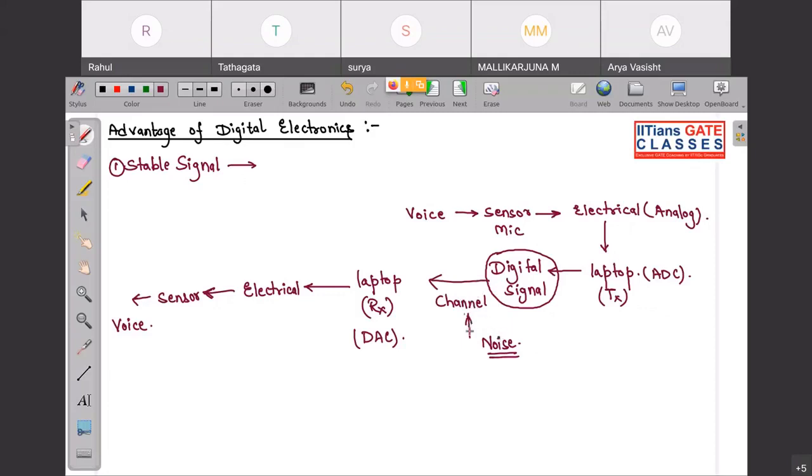So this digital signal is a very stable signal. Why? Because it is least affected by noise. Has anyone read Information Theory and Coding, ITC?